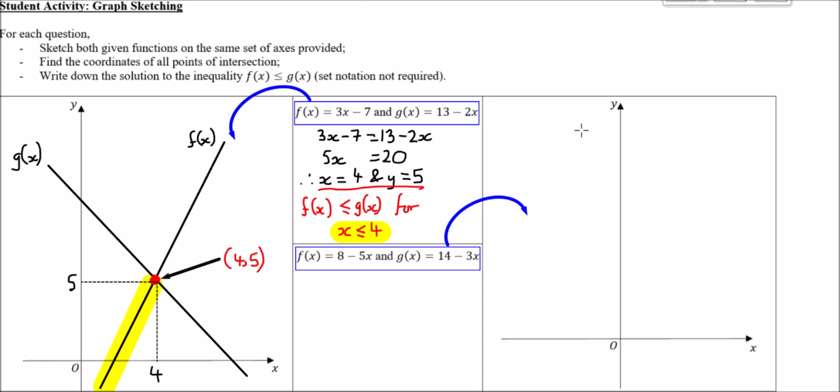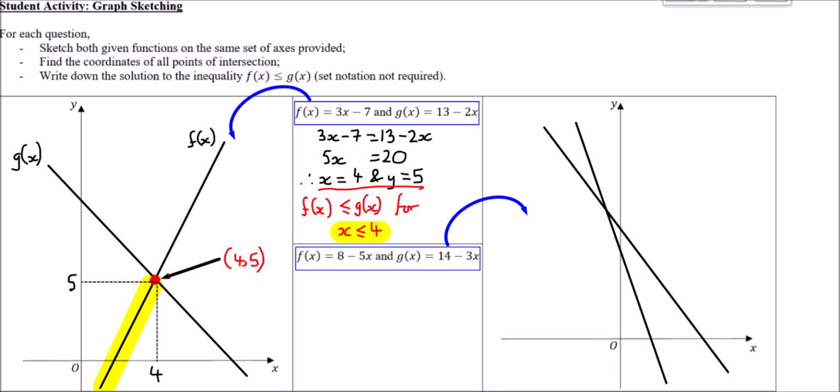So this one's going to be very sort of steeply negative, something like this. Whereas g of x crosses the y-axis higher at 14, but is less steep. And so g of x is going to be something that looks a bit like this. So it's going to be less steep, crossing at 14.